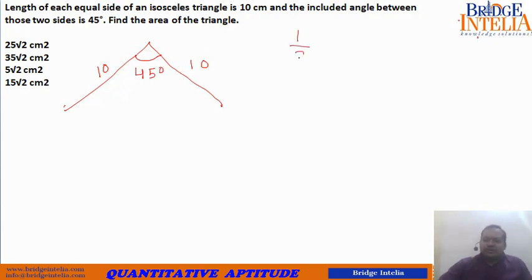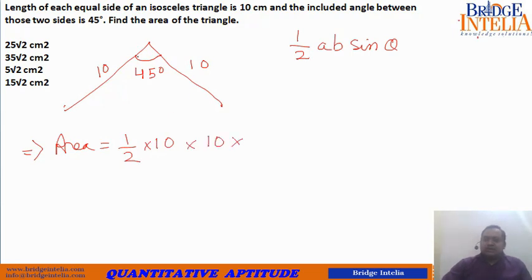We must be using this one, half AB sine theta. So let's do that. In our case, area would be equal to half into A, and A is 10 centimeters, into B, and B is again 10 centimeters, into sine theta, the included angle. Theta here is 45 degrees, so sine 45 degrees.